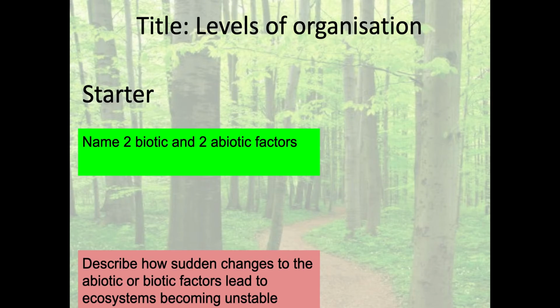Now, you might not be able to think of that just off the top of your head, but what you could say is, okay, what would happen if we were to change this suddenly about an ecosystem? Take, for example, the sudden destruction of the rainforest. How does that affect the ecosystem?